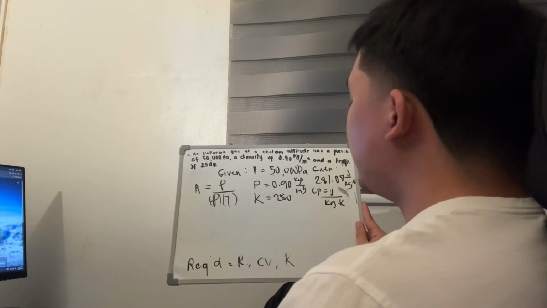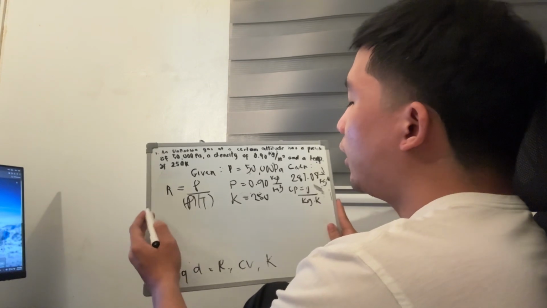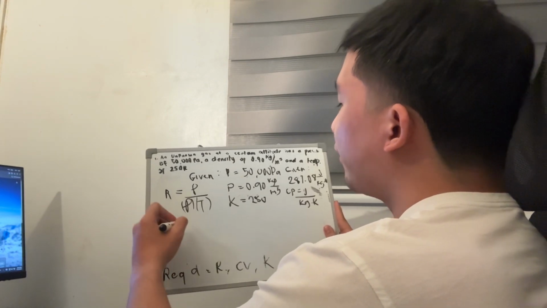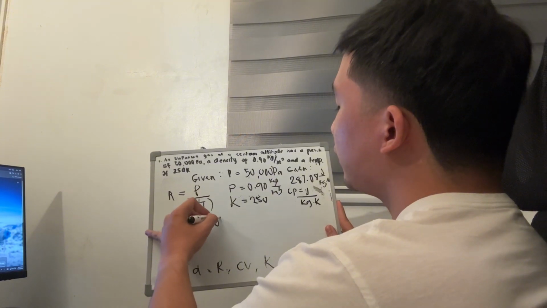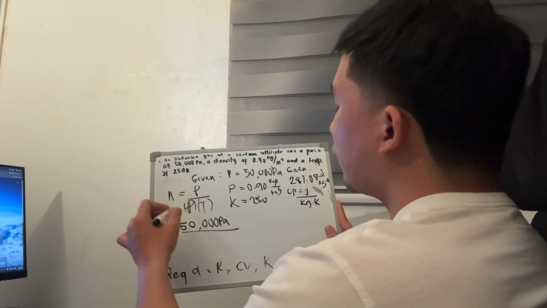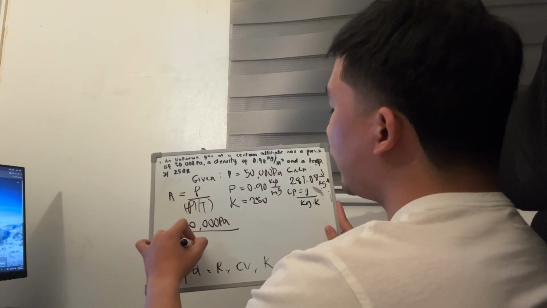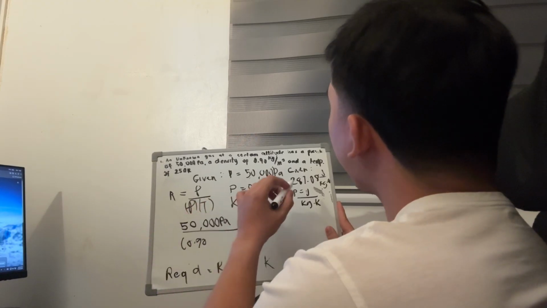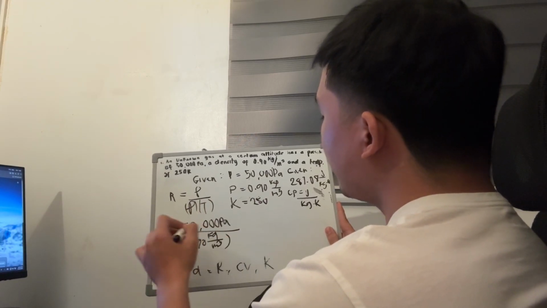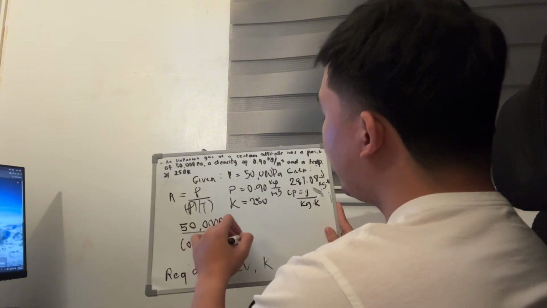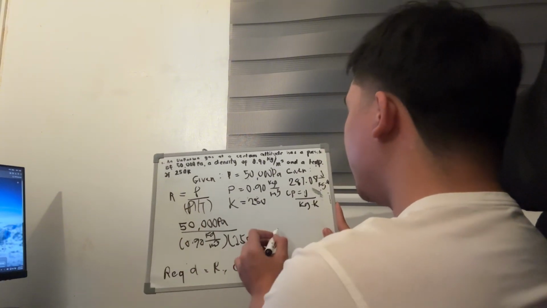Since we have our formula for R, let's put in the values, which is 50,000 pascals over density, which is 0.90 kg/m³, times our temperature, 250 K. So let's solve.